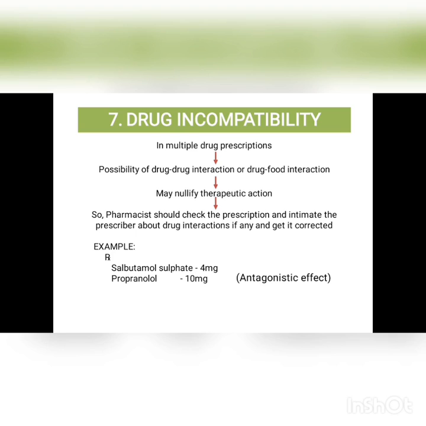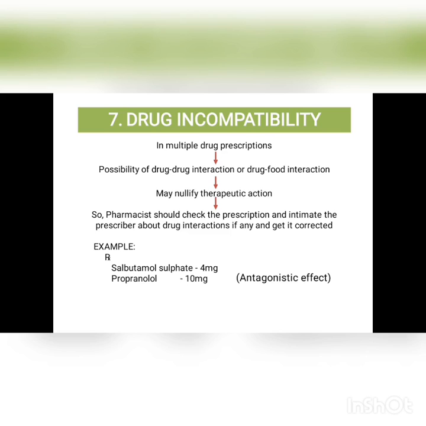Then next one, drug incompatibility. If the prescription contains more than one drug, that is a multiple drug prescription, there is a chance for drug-drug interaction or drug-food interaction. It may reduce or nullify the therapeutic action.